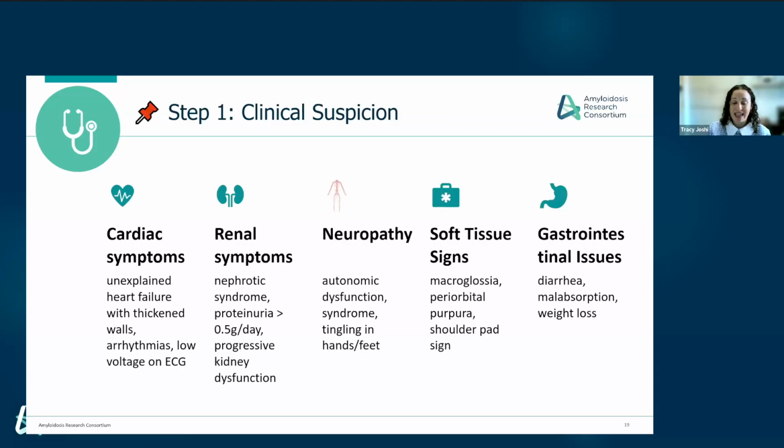In some cases, amyloid can deposit and affect soft tissue, leading to an enlarged tongue called macroglossia, which can cause difficulty speaking, swallowing, or even breathing.